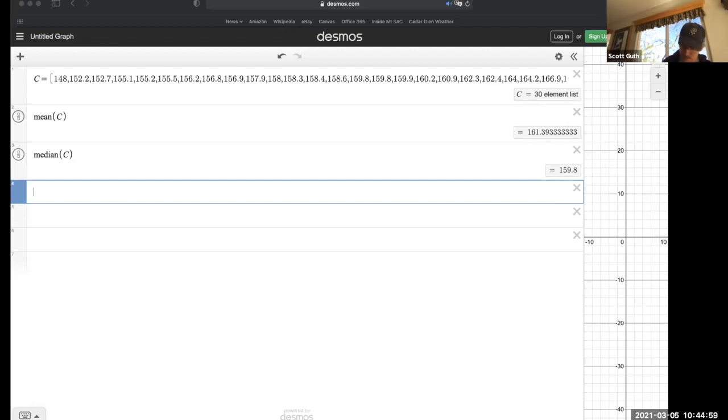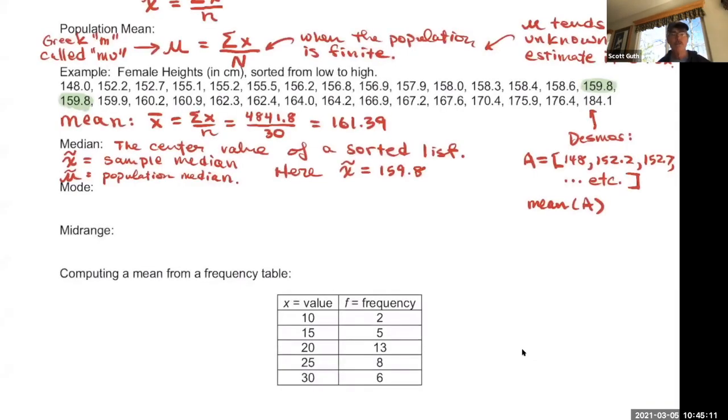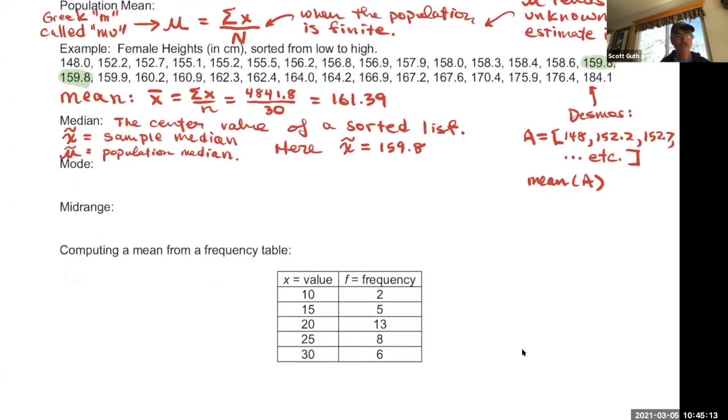So I have my median, 159.8. The mode is the most frequent value in the data set.